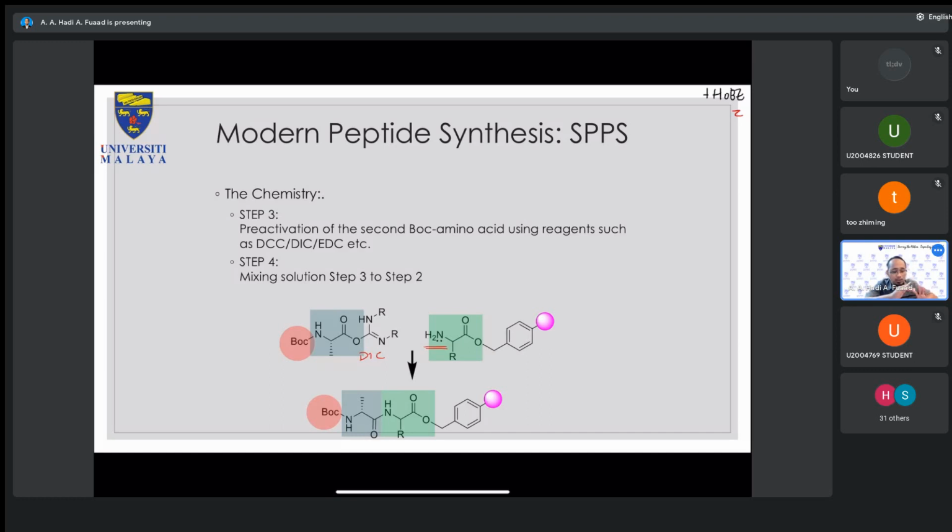But again, DIC alone, if you look at this structure itself, you can get a reaction, but it is not as active. So that's why, if you have read a little bit on peptide synthesis, DIC is normally combined with HOBt, HOAt, and stuff like that. Okay, the structure is, if I recall correctly, something like that.